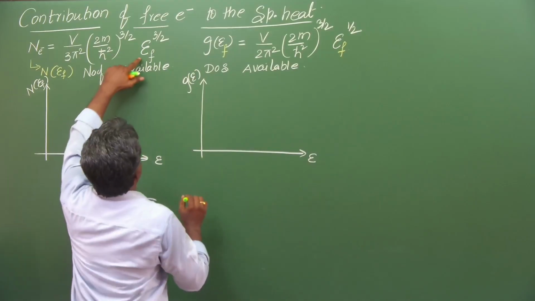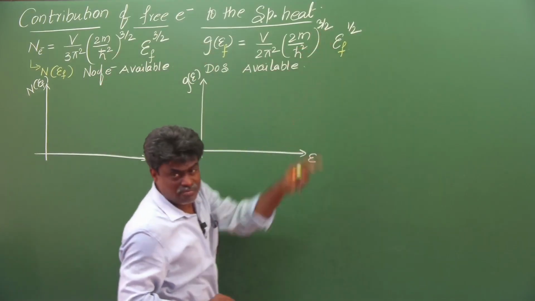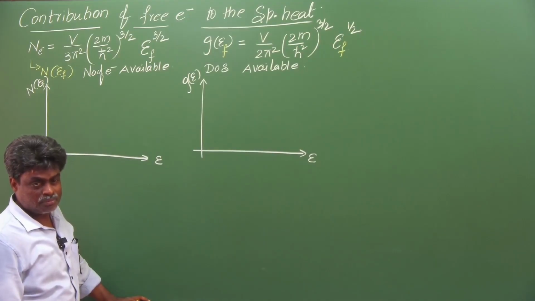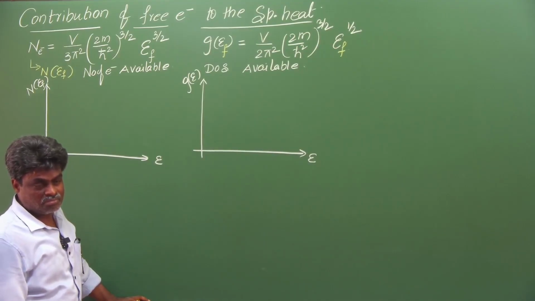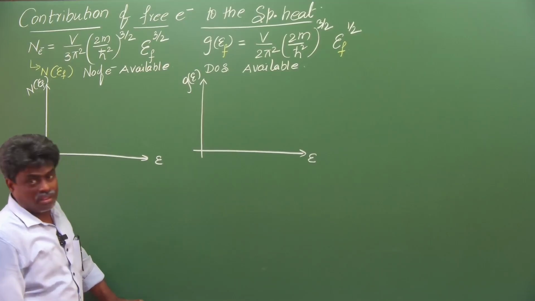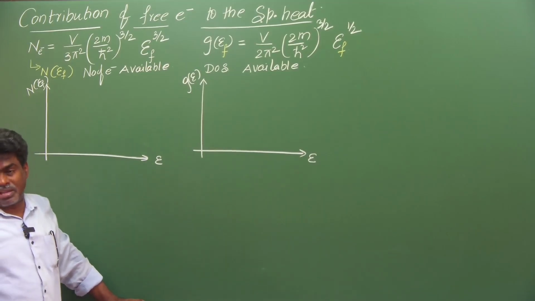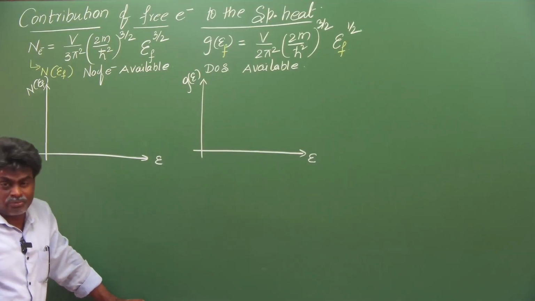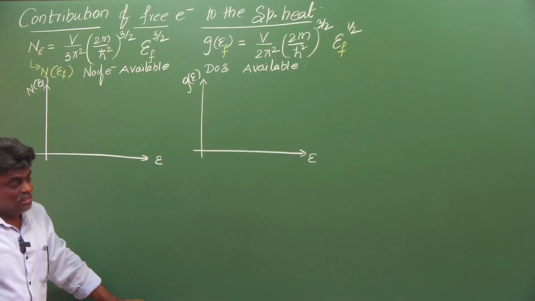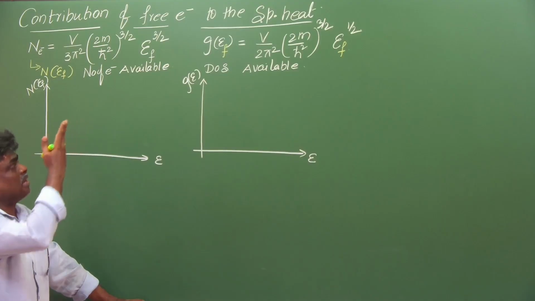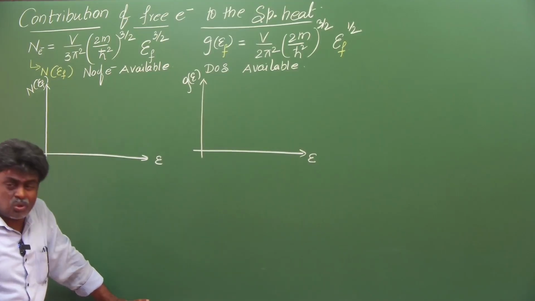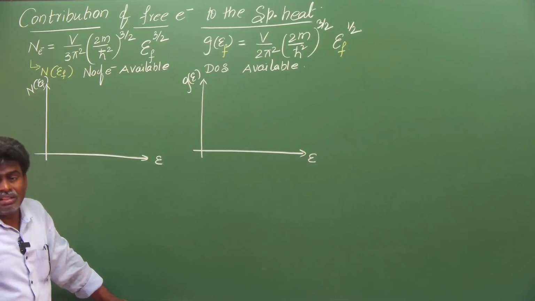Now this is EF power 3 by 2 and this is EF power 1 by 2. Whose slope is more? Y equal to x cube and y equal to x square, whose slope is more? X cube. Now N is EF power 3 by 2, g is EF power 1 by 2. Whose slope is more?